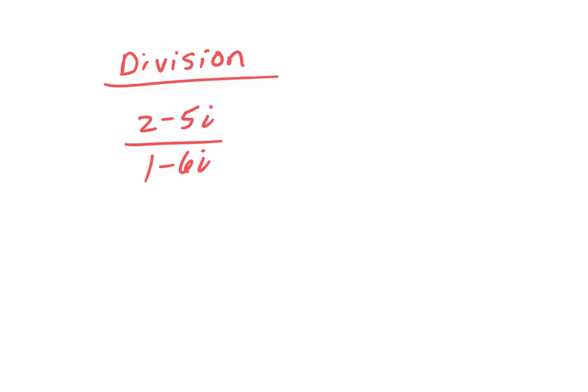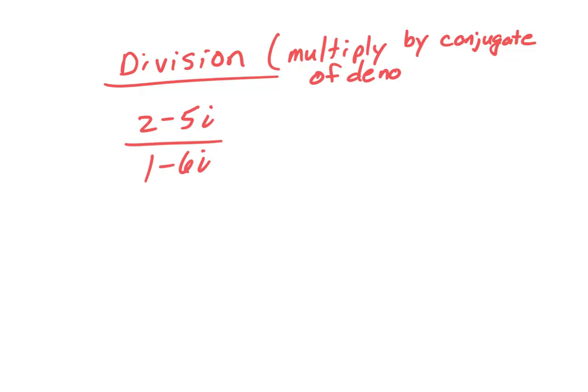So whenever we have division like this, we're going to multiply by the conjugate of the denominator, on top and bottom.